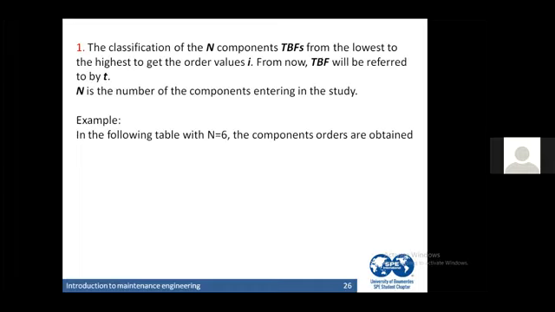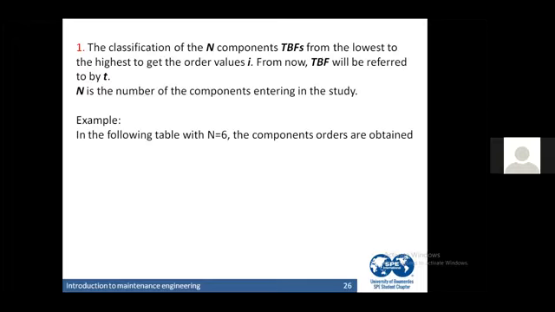I mean by that, if you have a sample of, let's say, 6 pumps, we just go into their history and get their TBFs from the beginning until that instant. Then we classify them from the lowest to the highest one, in order to get what we call the order value i. From now, let's call the TBFs by T.